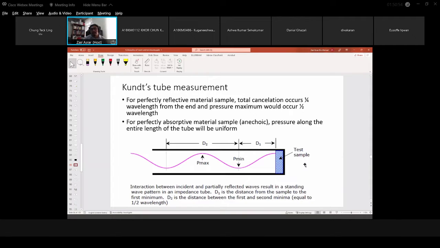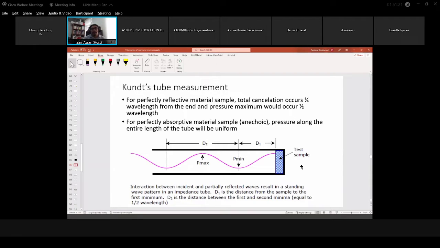Okay, we are sending a tone, which we know the frequency of, which means we can also calculate the wavelength of this frequency. Okay, if this value of D1 happens to be 1/4 of the wavelength of this particular sound that we send within the tube, we know our test sample is actually reflecting all the sound.